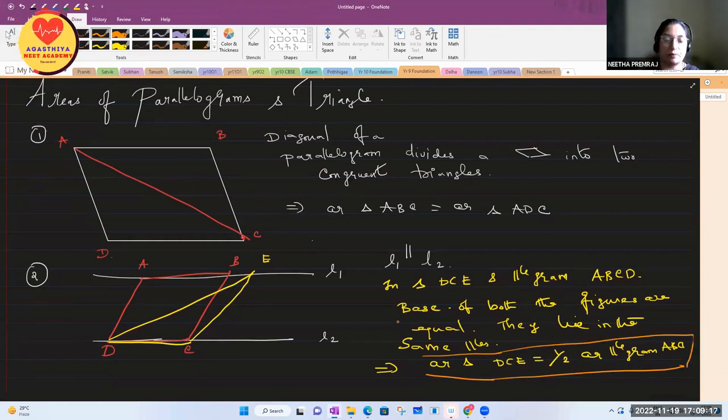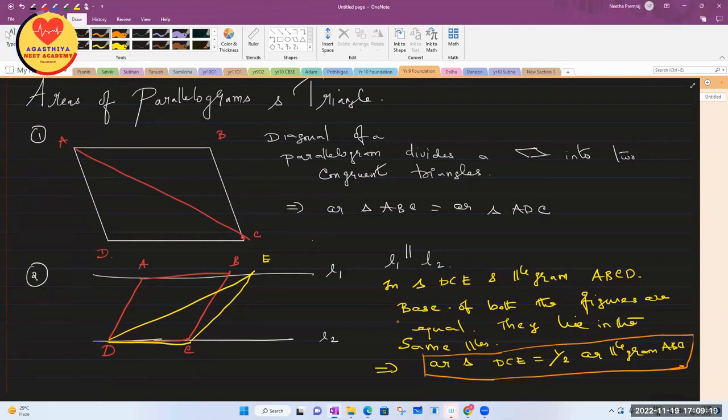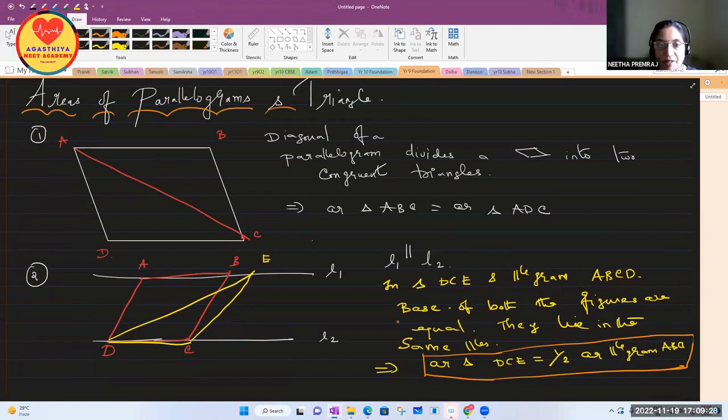I'll tell you other concepts. Put the date, write the topic, and make a note of this. This is a parallelogram. Instead of writing the word parallelogram, I have drawn this.